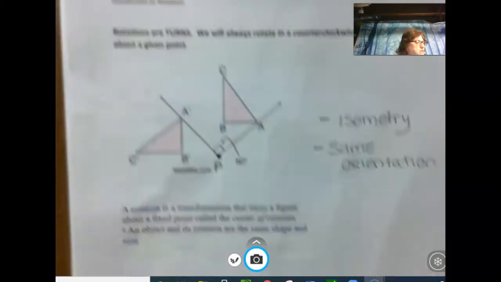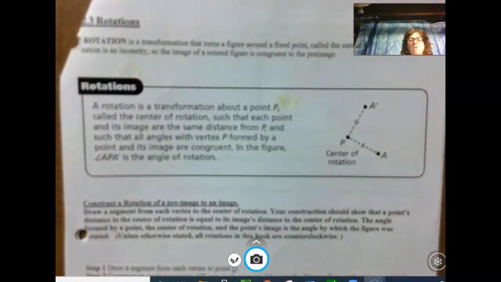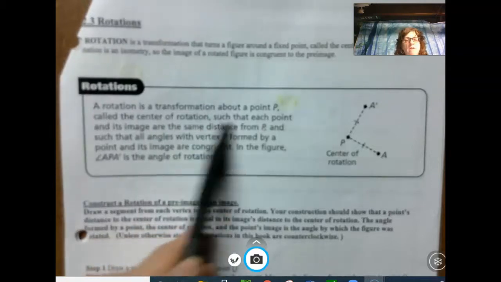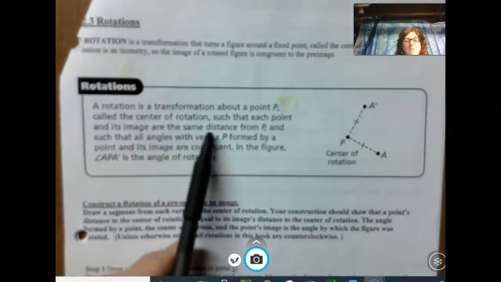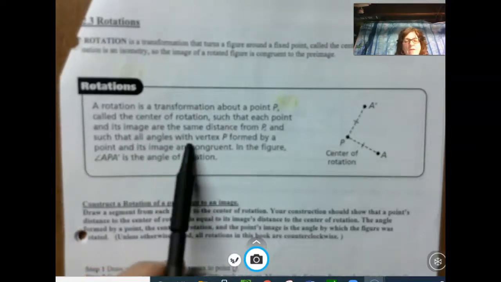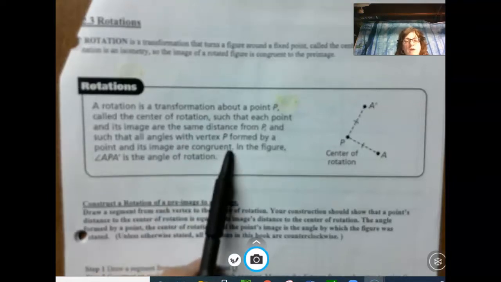So moving on to the next page now, in your notes. Sorry about that. So you can take a look and read the definition. Here, it talks about the point P being the center of rotation, and that a point and its image are the same distance from P, such that all angles with the vertex P formed by the point and its image are congruent.